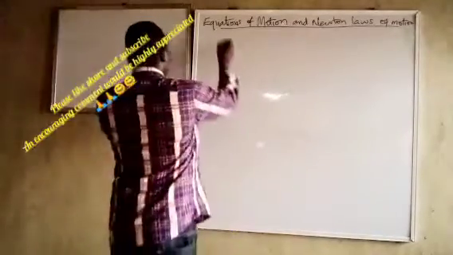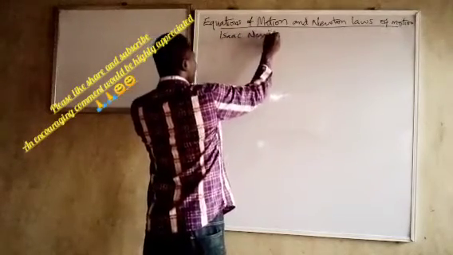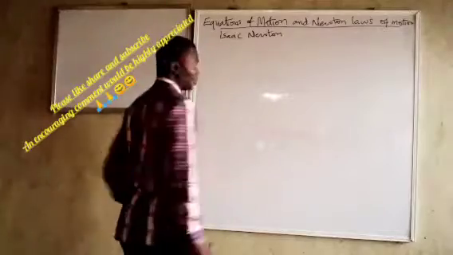Now, let's go into Newton's laws of motion. Isaac Newton was a philosopher, and he did a lot of studies. At the end of the day, he came out with three universal laws of motion.